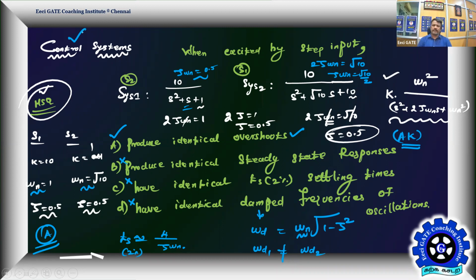Comparing step responses of two underdamped systems, they have identical damping, so only overshoot can be identical. The rest are non-identical because they have unique static sensitivity and unique natural frequency. That's a very simple problem, not a complex one demanding huge thinking.